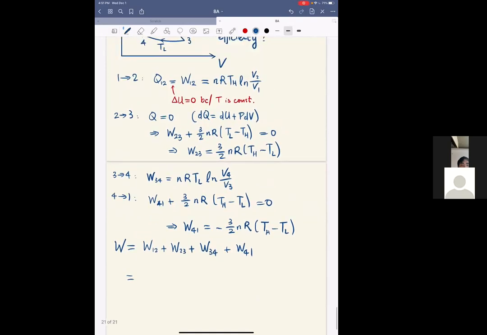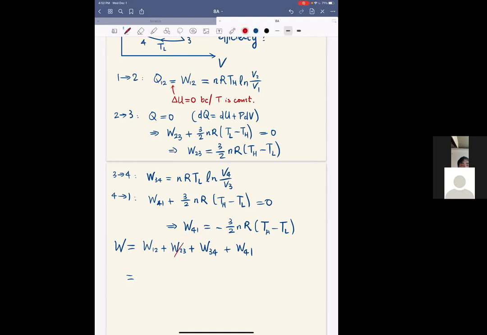So before we plug it in, we just observe something. W23 is this, and W41 is this. If we look at those two, they just differ by a negative sign, so their sum should cancel.